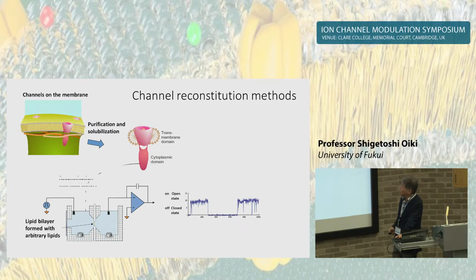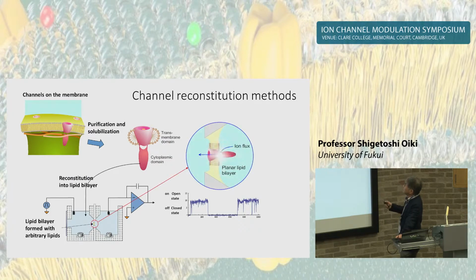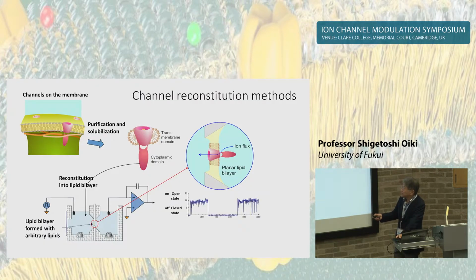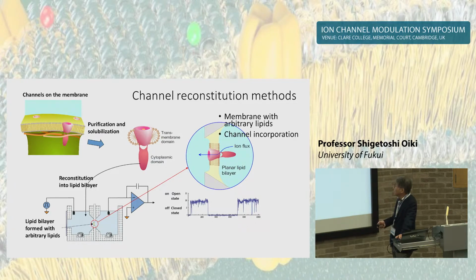Then the channel is embedded in the membrane, which is similar to the biomembrane, except for one thing. The lipid composition is completely regulated in this reconstitution method. Across the membrane, we can apply the voltage, and you see the single channel recording.